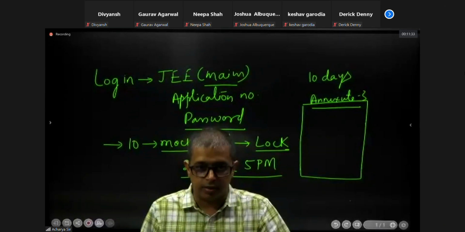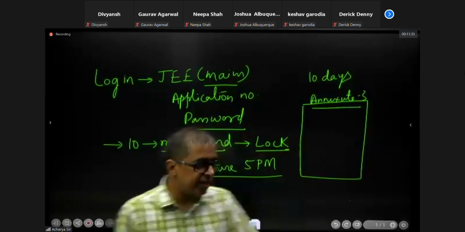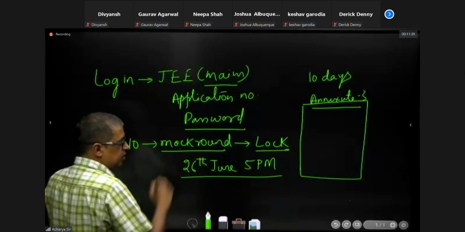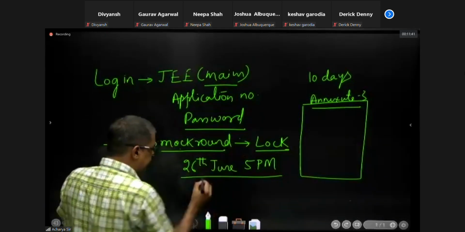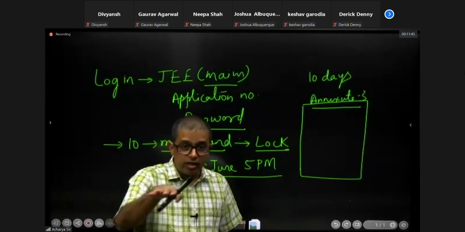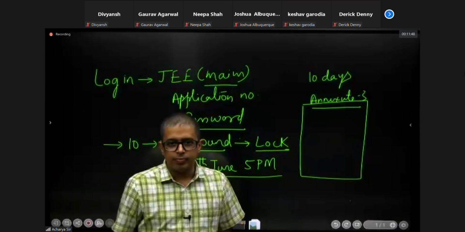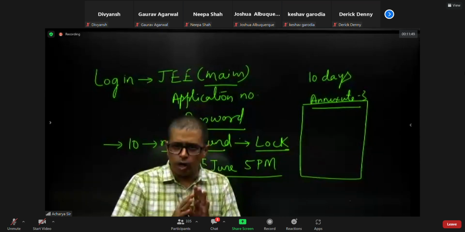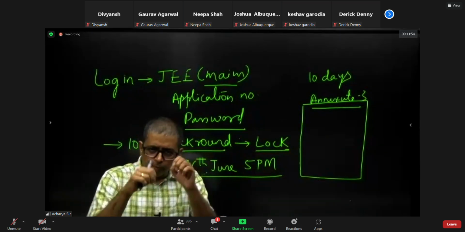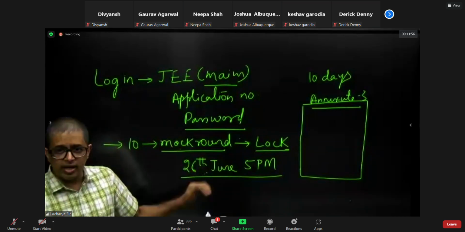That will get locked. Any changes you want to make after the first mock round and after the second mock round, please get it done before 26th June evening, 5 p.m. On 27th, they will lock it. So make sure that you are locking it before 26th evening.